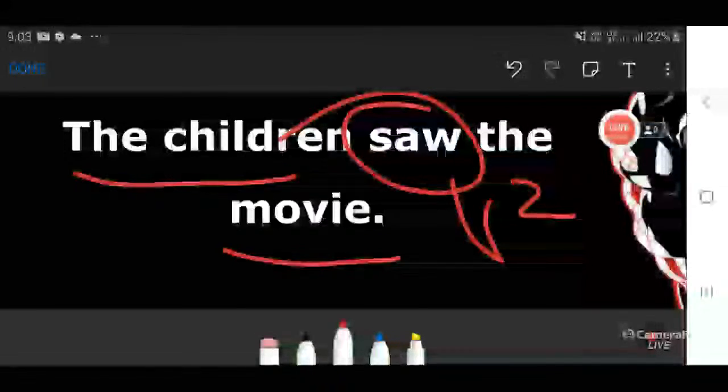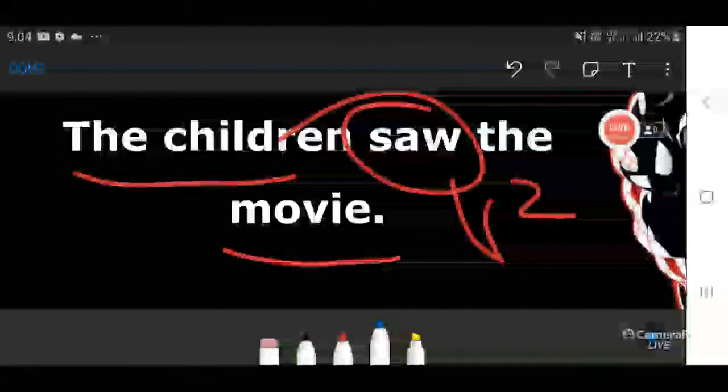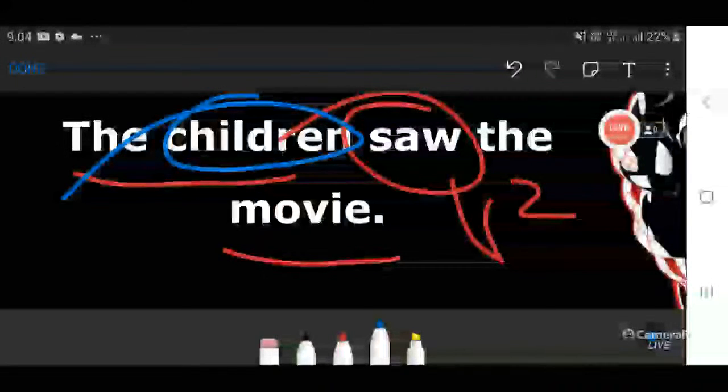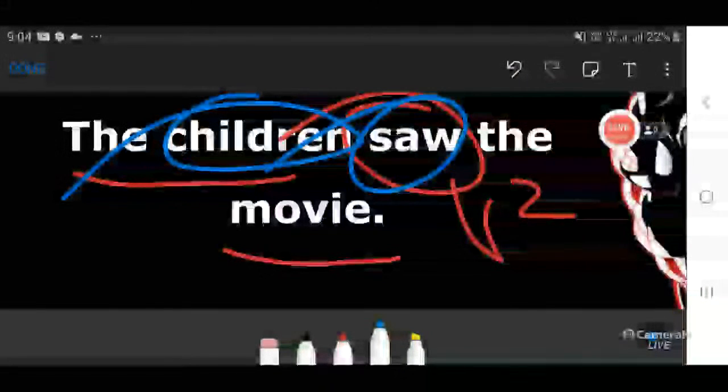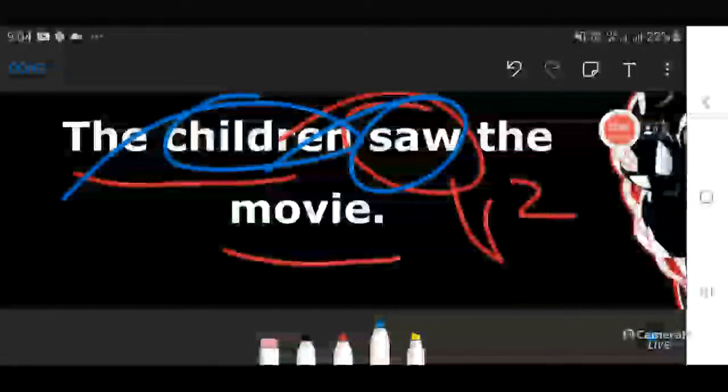How could it happen, dear students? It can't happen. It shouldn't be happening at all. We should be very careful. You can see saw, and then after that the children. Here children is a noun. Saw is the second form of the verb.